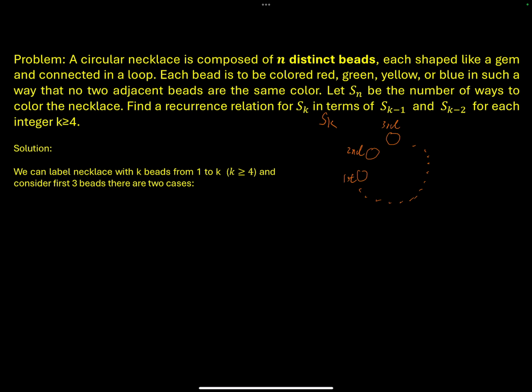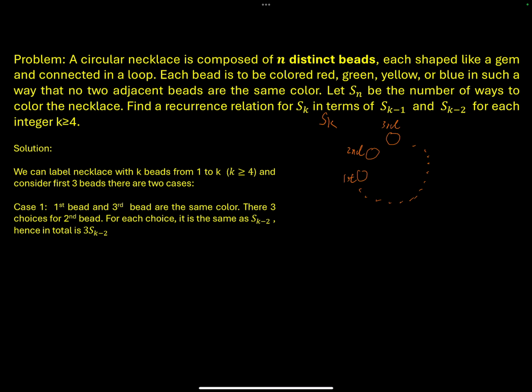The first scenario is that the first bean and the third bean are the same color. We have 4 choices for them. Let's assume we color red for the first and third bean. Then there are 3 remaining choices for the second bean; besides red, all the colors are available. Let's say the second bean is colored yellow.